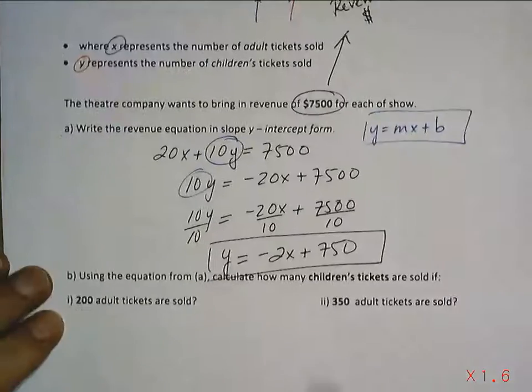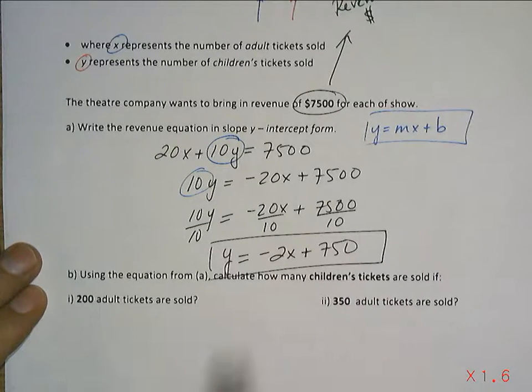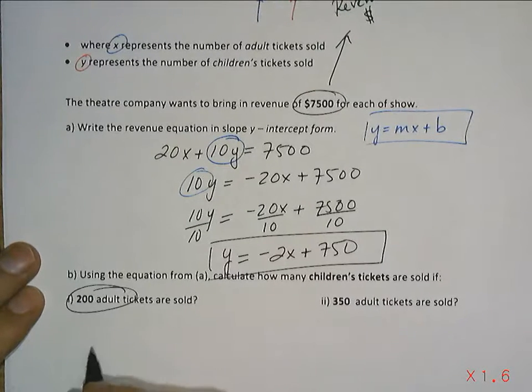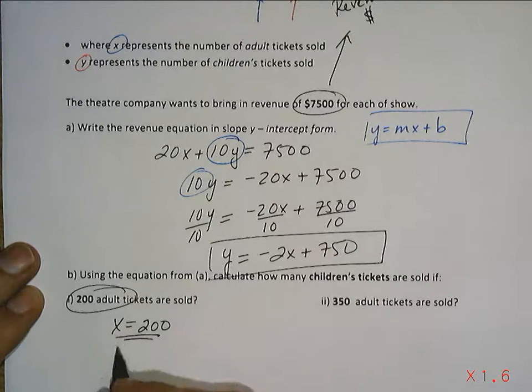Using the equation from A, calculate how many children's tickets are sold if 200 adult tickets are sold. So that means x equals 200. And what they want me to find is the y value.